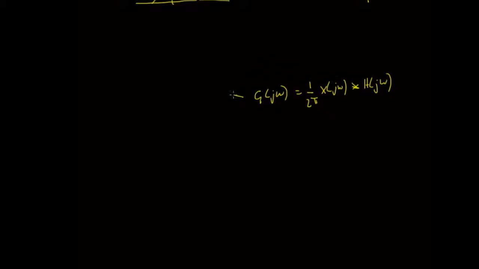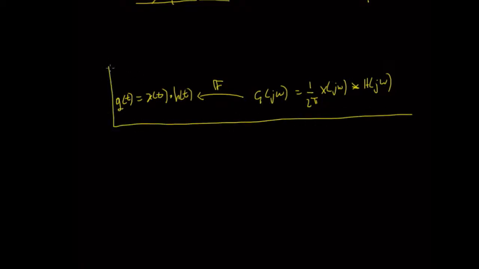That's equivalent in the time domain to saying g of t equals x of t times h of t. So that there is the equivalent of what we had done previously, but in the frequency domain.